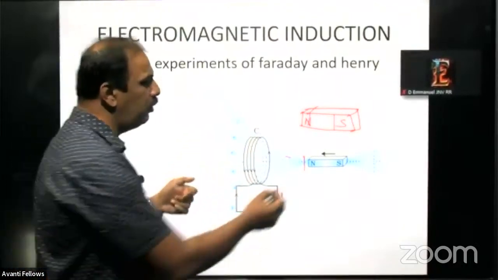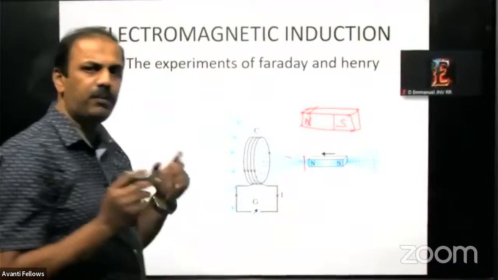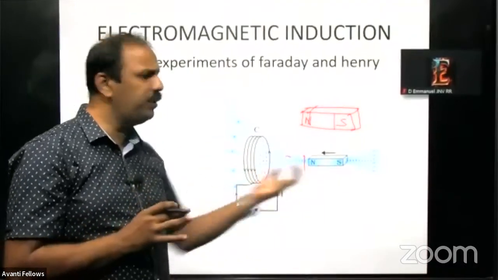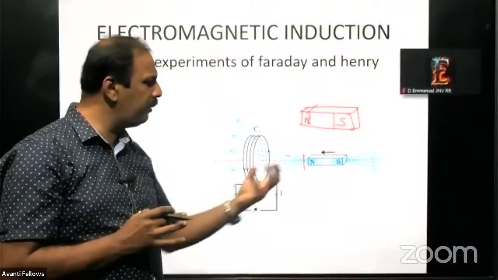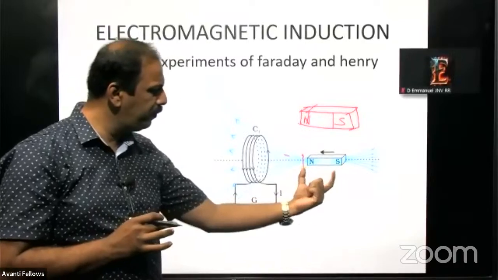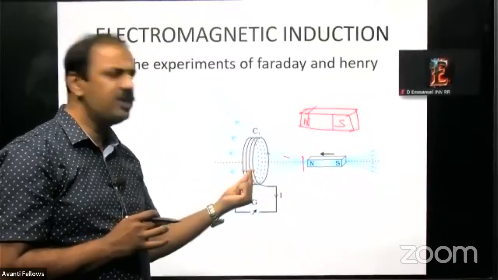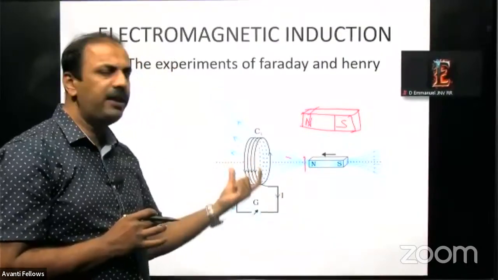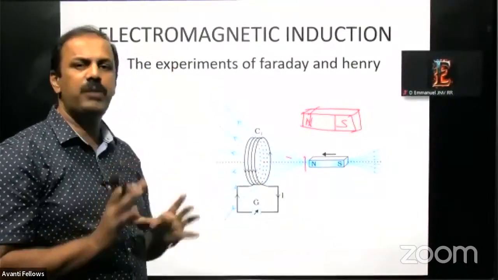So when we move this magnet toward this side, what we are actually doing is, in 10th standard we just discussed that we are moving the magnet. Here, the magnet's field in this coil is very less. When you move it toward this side, the magnetic field increases. That's the main point.